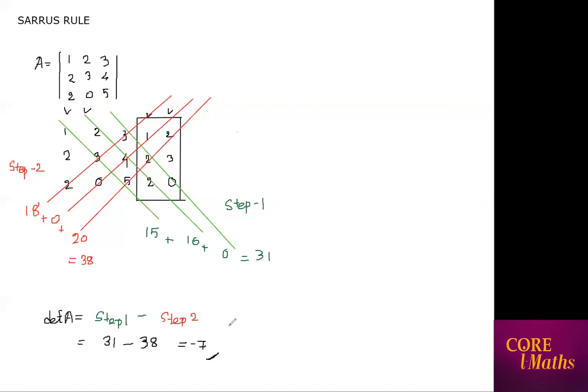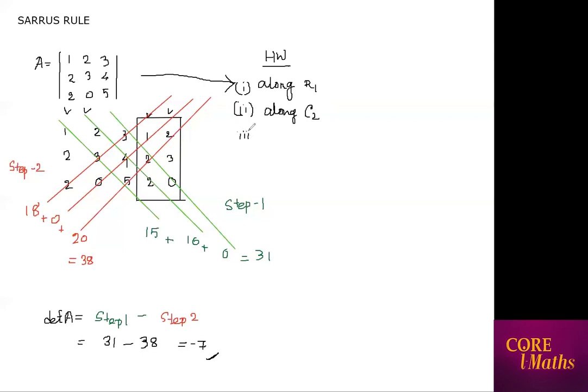So your homework will be for this determinant. I'm giving you one homework: along row 1, this is the first question. Then you will solve it along column 2.